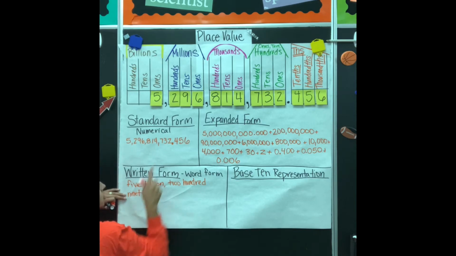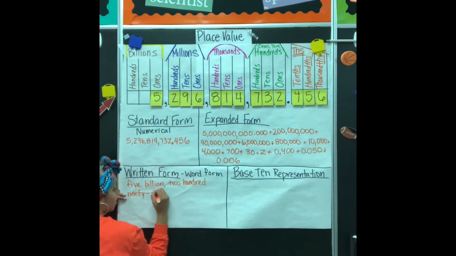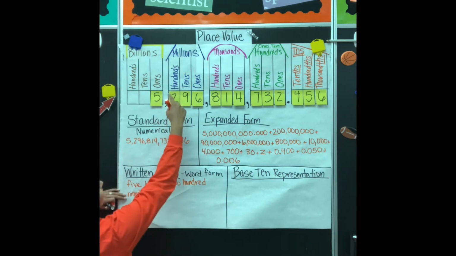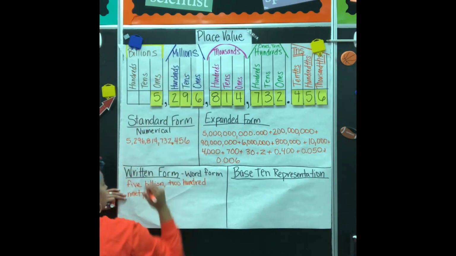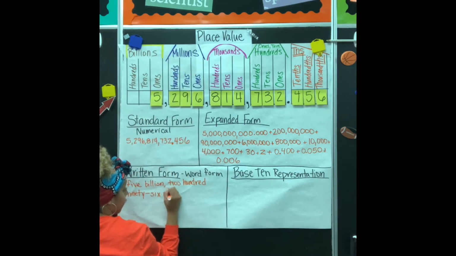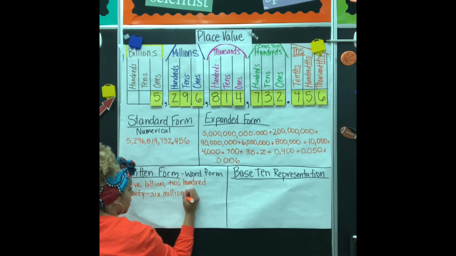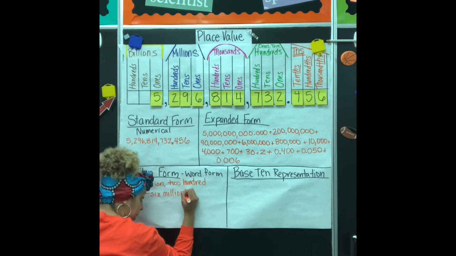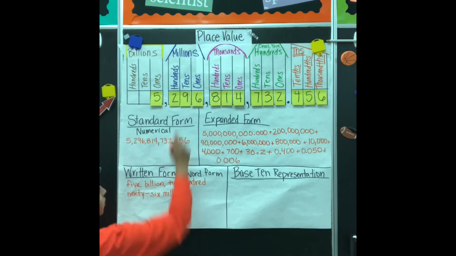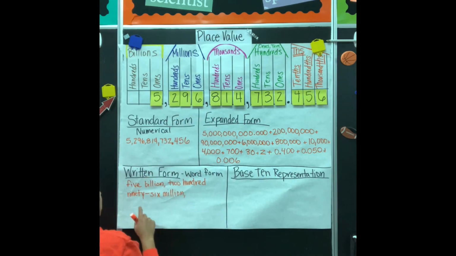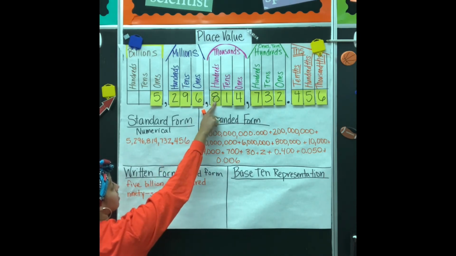There's our hand hold. 6. And that's it. 296. And then we're saying the house name, which is million, not millions. Okay? And then we're going to put a comma because we're done with that house and we're getting ready to jump the fence into the thousands house. So we have 5,296,000,000, comma. Say this number.